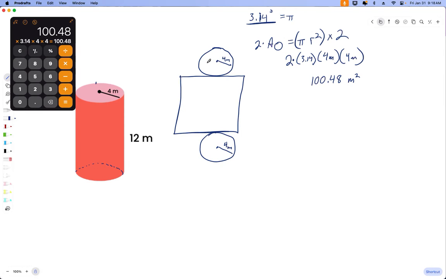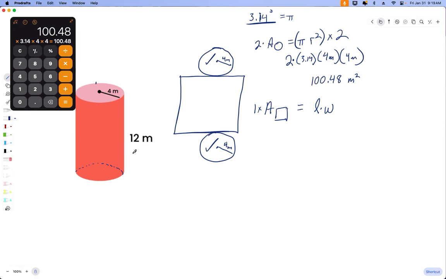So we have this circle done and this circle done. Now we have to look at the rectangle in the middle. We know the area of a rectangle, and we only have one of those, is length times width, right? We know that's how you find the area of a rectangle. So what are the dimensions? What are the length and the width?